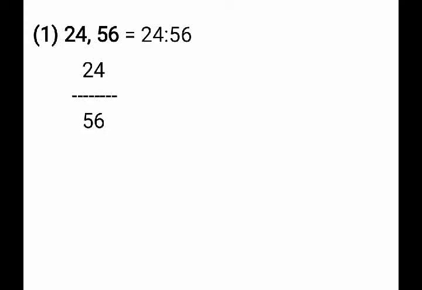Now write multiplication form. That is equal to 8 3s are upon 8 7s are. 8 3s are 24 upon 8 7s are 56. Now you have to cancel 8 on numerator and denominator. Like this way.